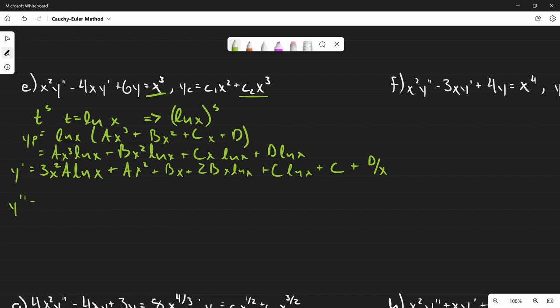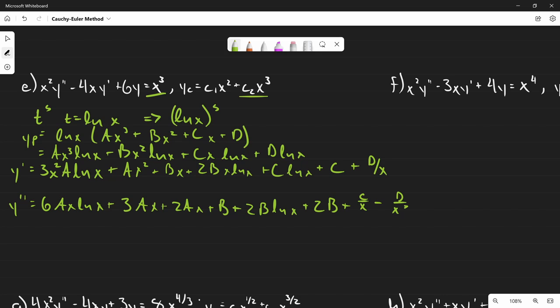And then the second derivative will be 6a x natural log of x plus what I believe is 3a x, not a, 2a x plus b plus 2b natural log of x plus 2b plus c over x minus d over x squared.